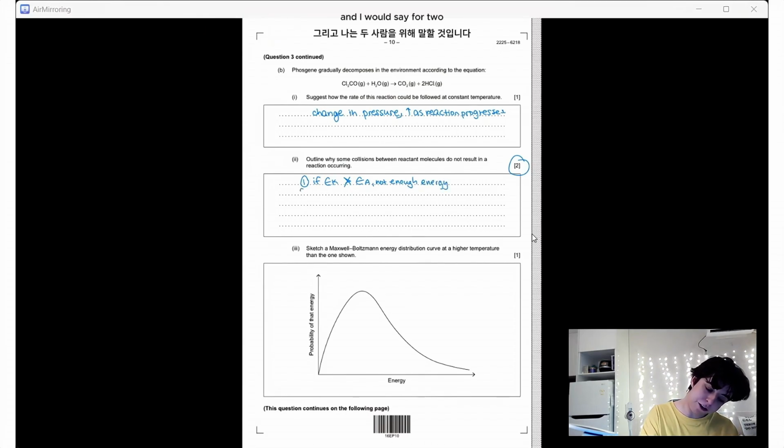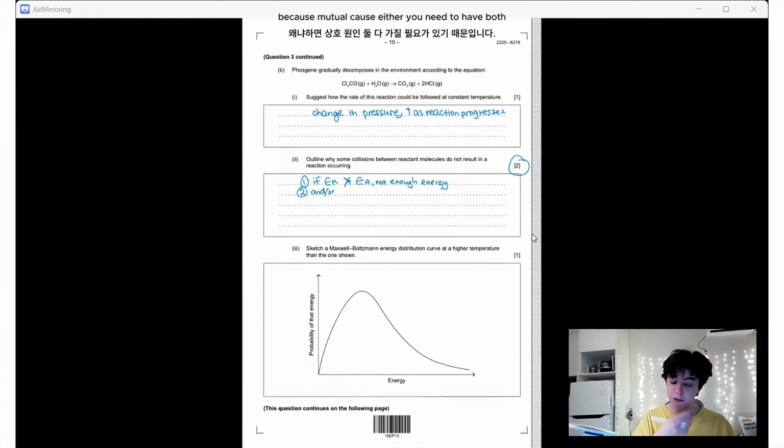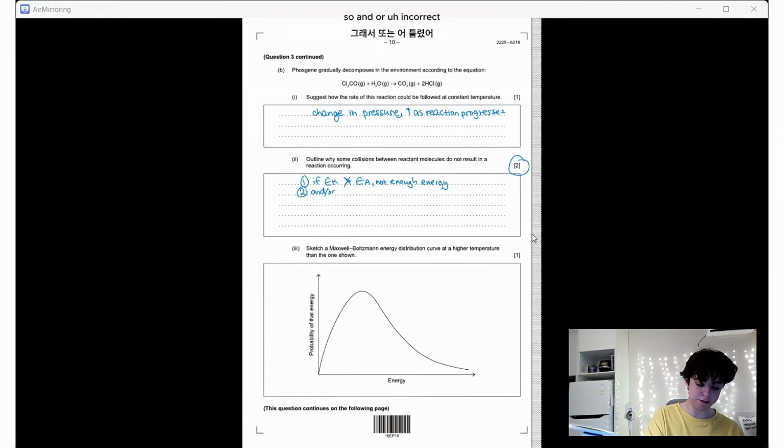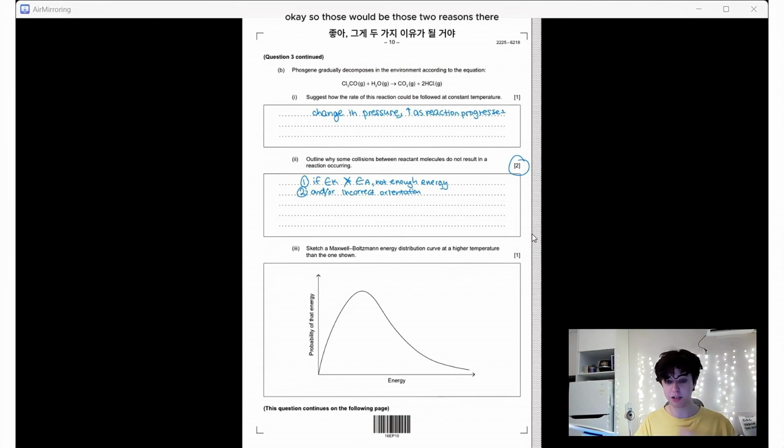And I would say for 2, this could be "and/or" in this scenario, because either you need to have both, not just one or the other. So and/or incorrect orientation. Okay, so those would be those 2 reasons there.